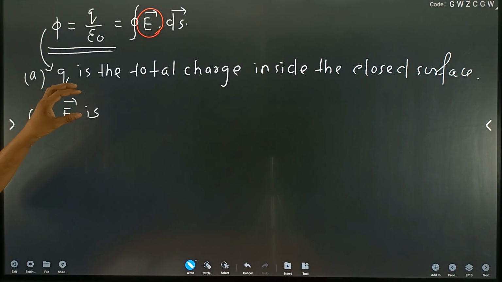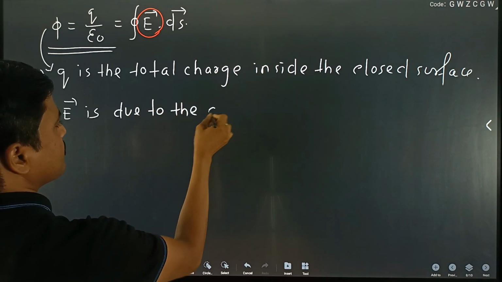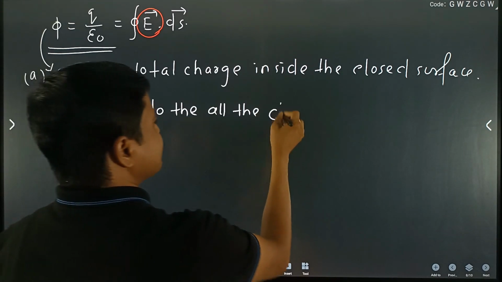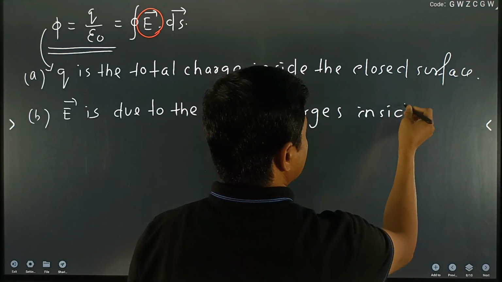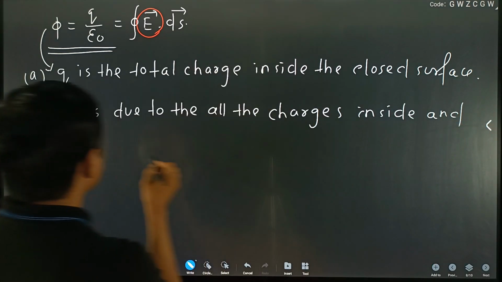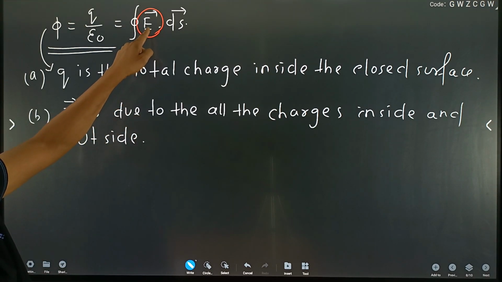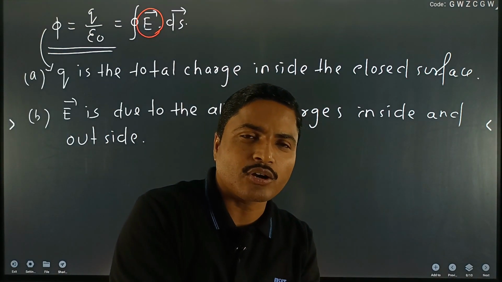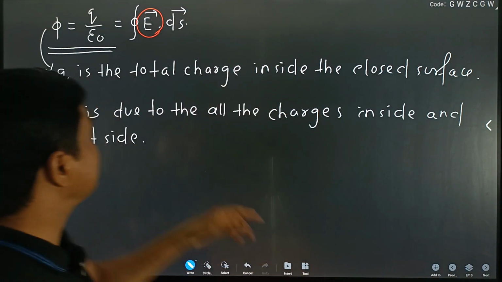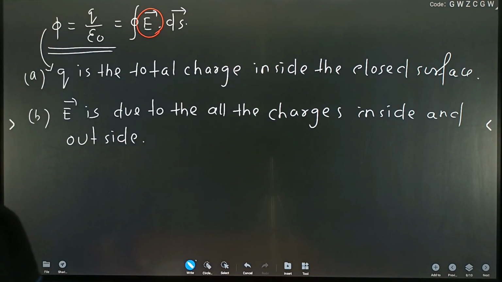That means electric field in this equation is due to all the charges inside and outside. Electric field means the electric field due to the charges which are inside the closed surface and also outside. But Q means net charge or total charge inside the surface, not outside the surface.